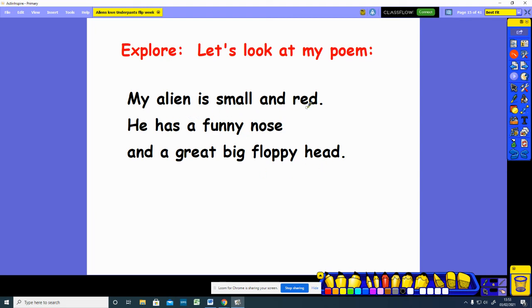My alien is small and red. He has a funny nose and a great big floppy head. In my poem, red rhymes with head. And it's nice that my poem rhymes. It doesn't have to, and your poem doesn't have to rhyme, but if you can get those rhyming words in, that would be even better.